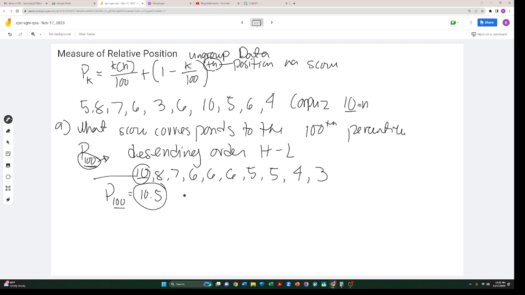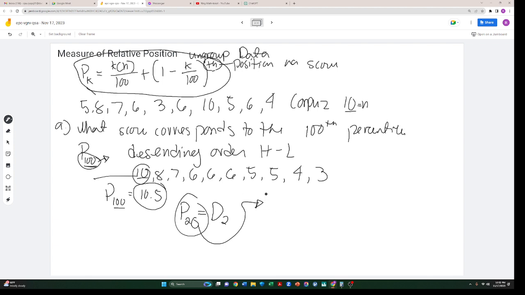Okay? So what if we use a formula? If I say P20, which is equivalent to D2 or decile 2, we use the percentile formula from earlier, where K is 20.